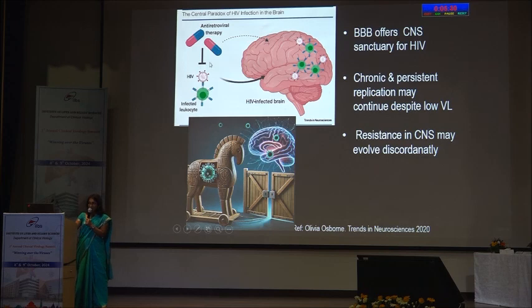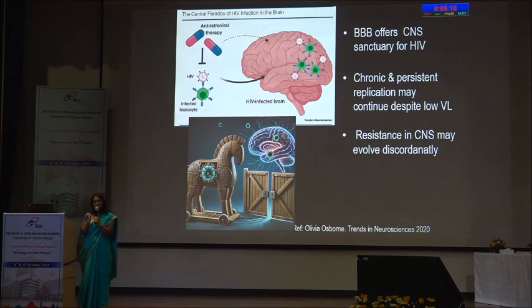But the antiretroviral therapy cannot cross the blood-brain barrier effectively. That is why there can be chronic and persistent replication, which may continue despite the systemic viral load being undetectable. And this may also result in resistance as well.